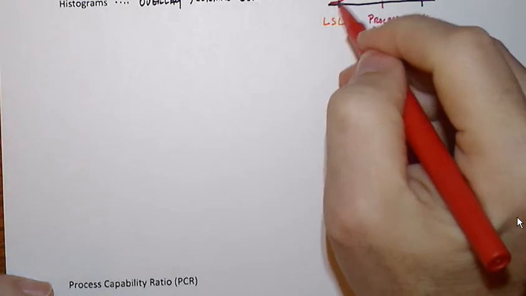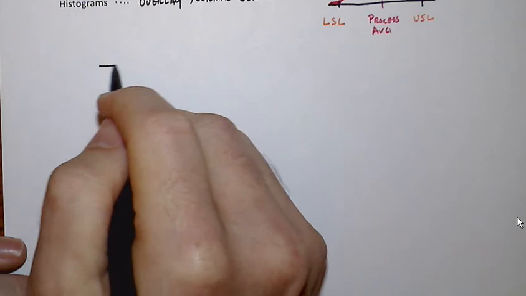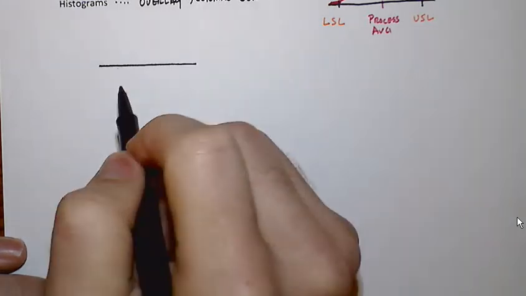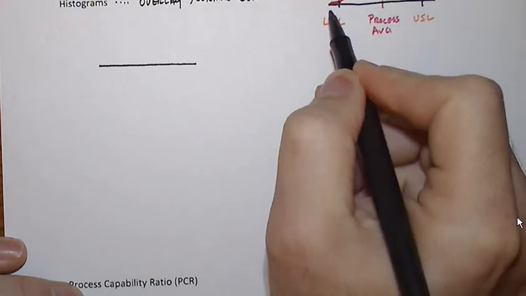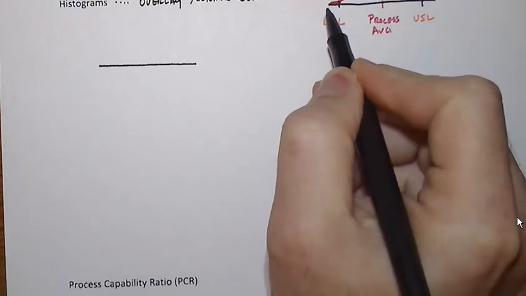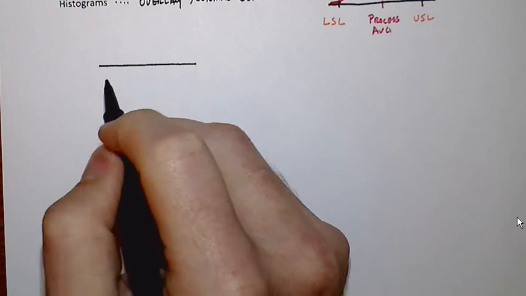If we have a normal process, then we can start thinking about the odds that we're out of spec, not out of control, but out of spec. And that's an important view, so let's look at a couple of different kinds of situations that we might have. If this tail area is small enough, say 0.27% of the time that we're outside there, then that's probably within our plus or minus 3 sigma. That's kind of a good deal.